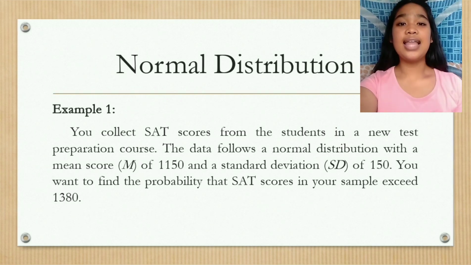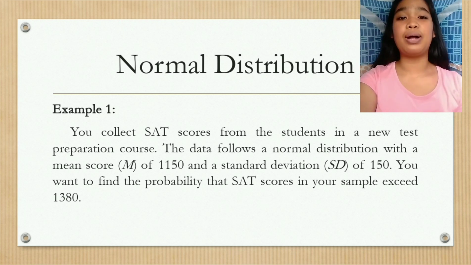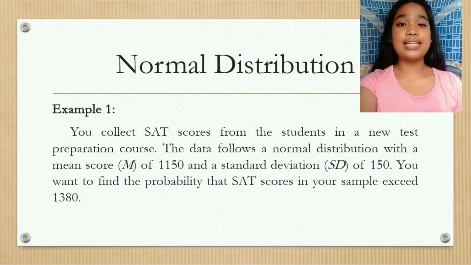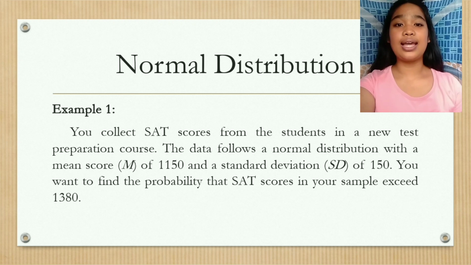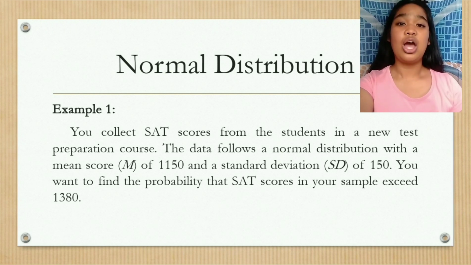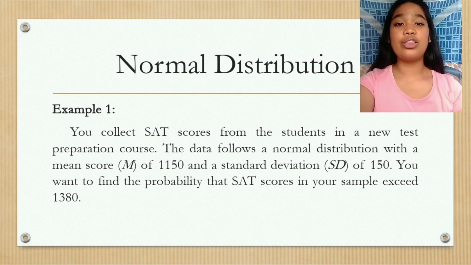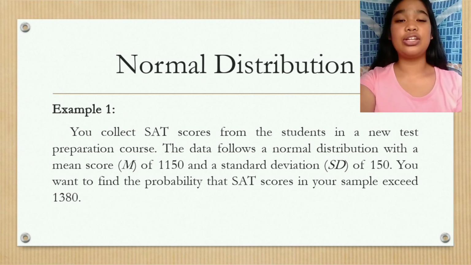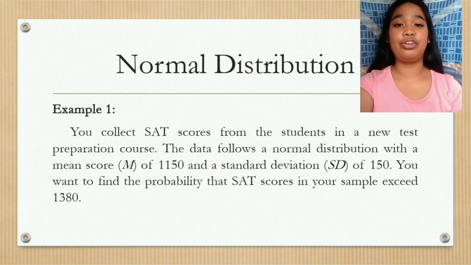0.1338. And lastly, the example of normal distribution. Example 1. You collect SAT scores from students in the new test preparation course. The data follows a normal distribution with a mean score M of 1,150 and a standard deviation, or SD, of 150.